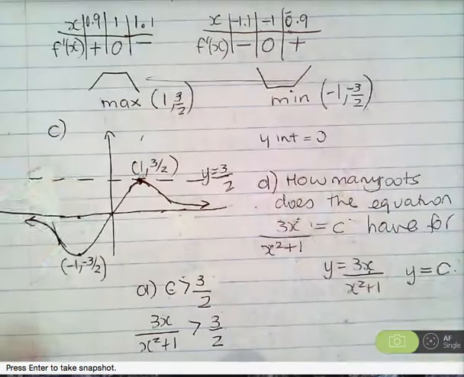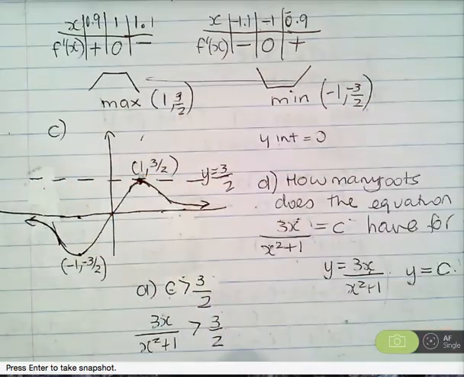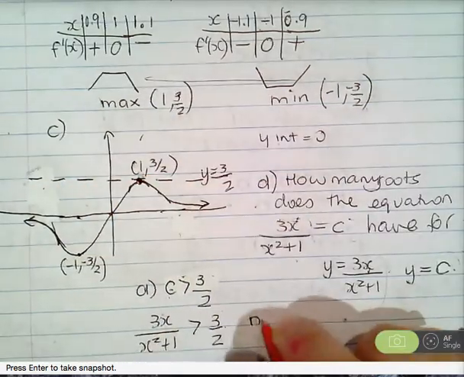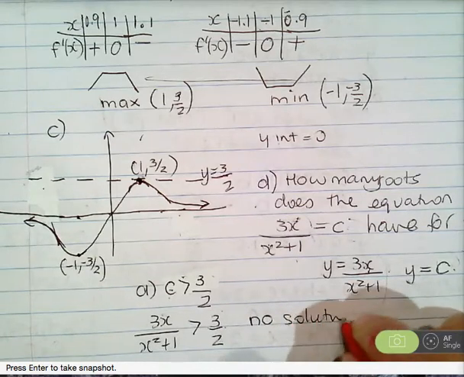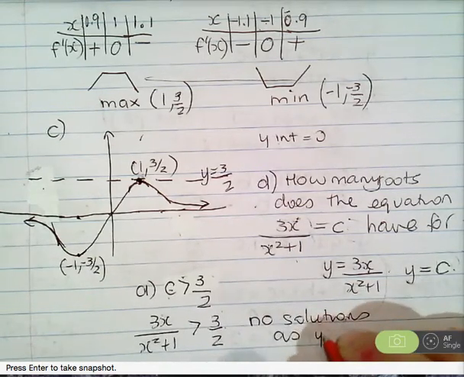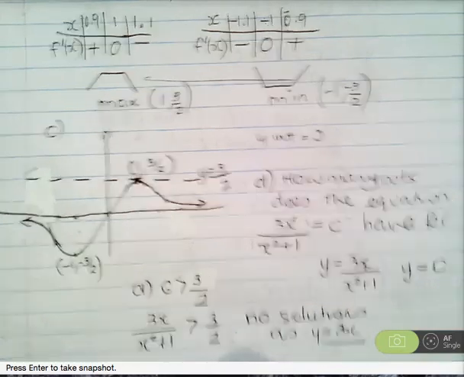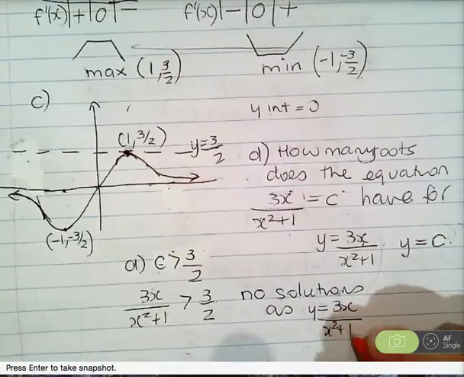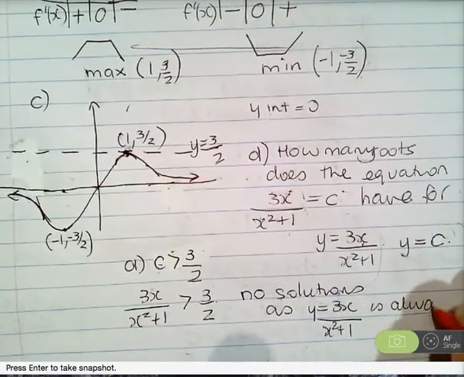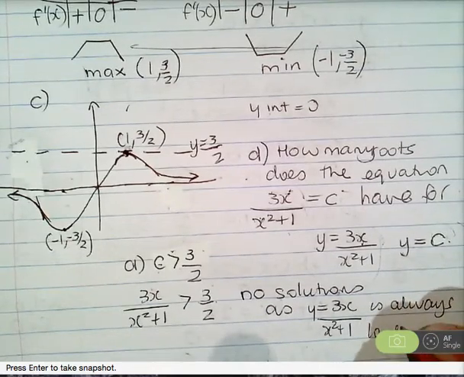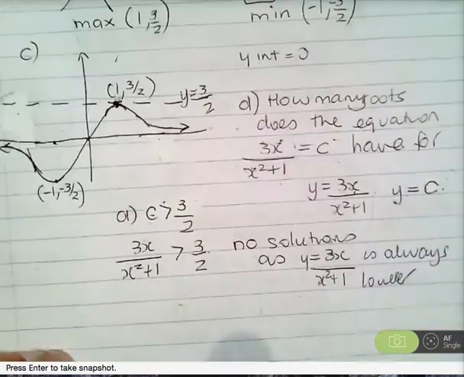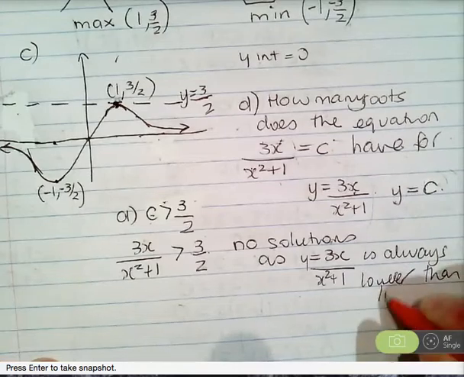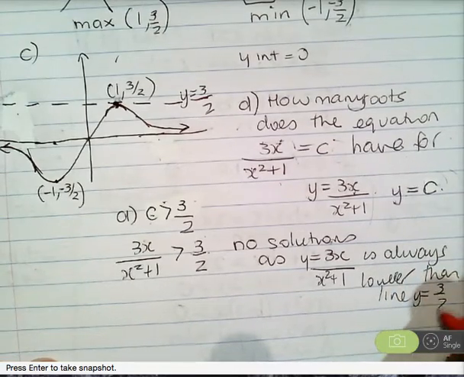Well, no, it's never greater than the line. It's always below 3 on 2. So that has no solutions, as the graph y equals 3x over x squared plus 1 is always lower than the line y equals 3 on 2.